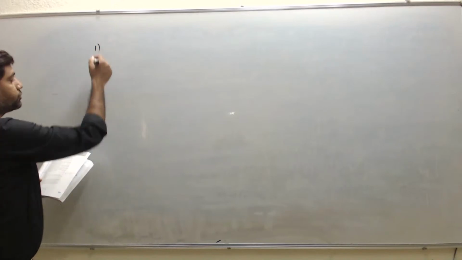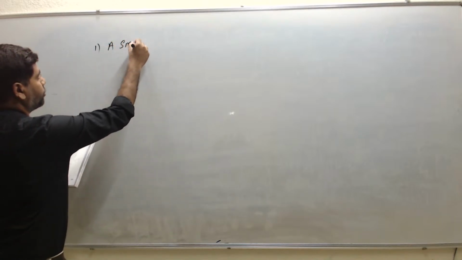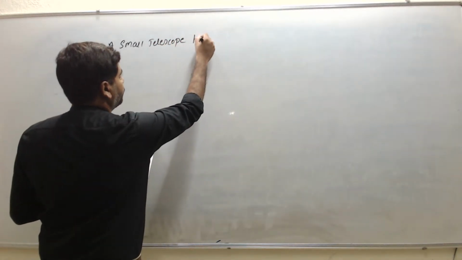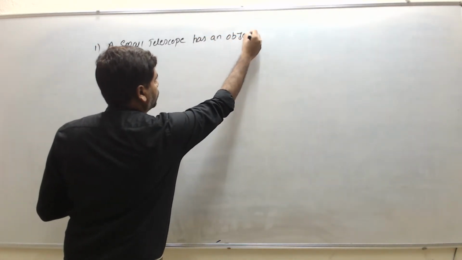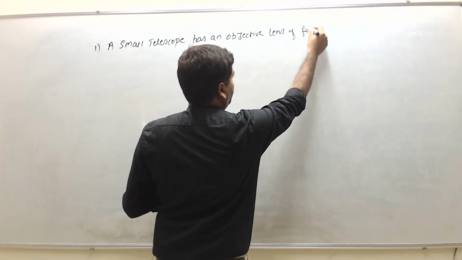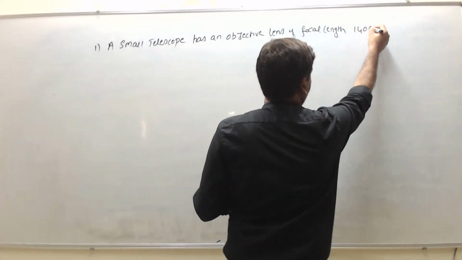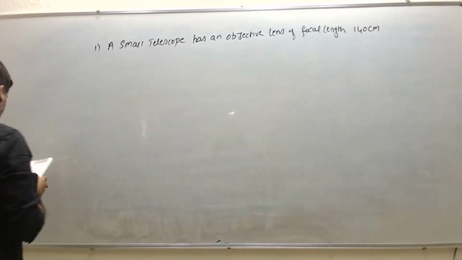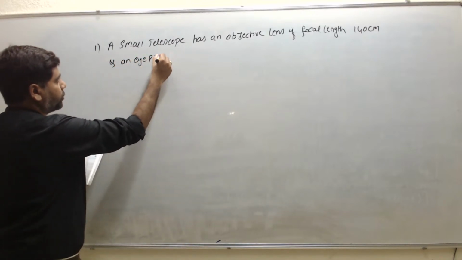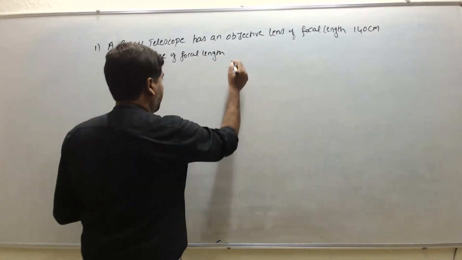So in the first question, a small telescope has an objective lens of focal length 140 centimeter and an eyepiece of focal length 5 centimeter.